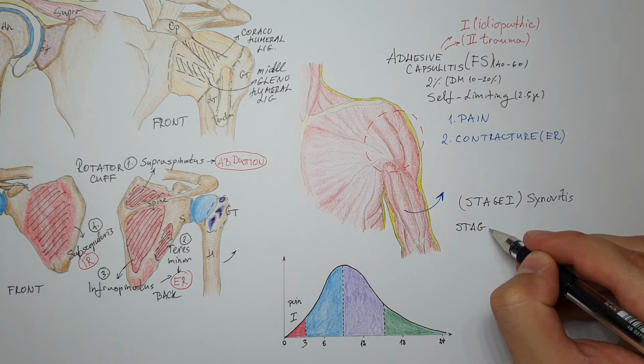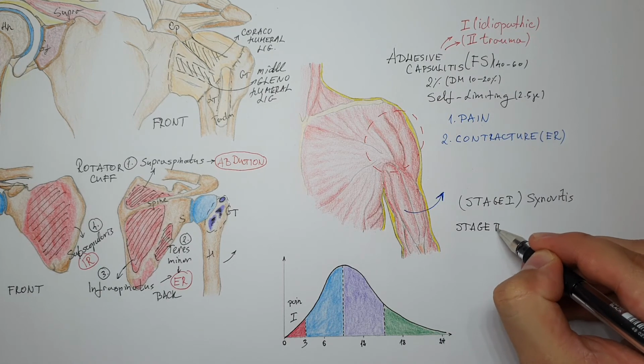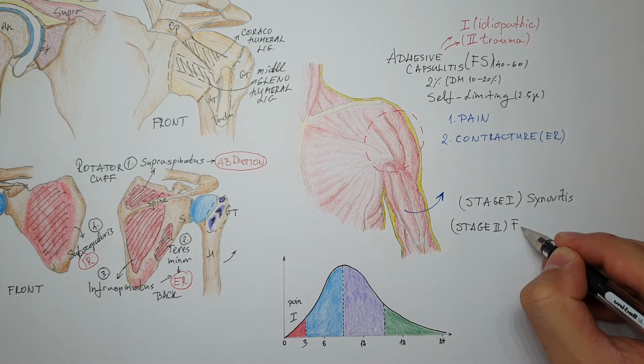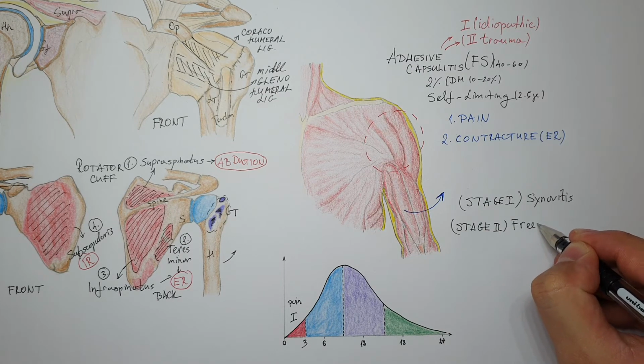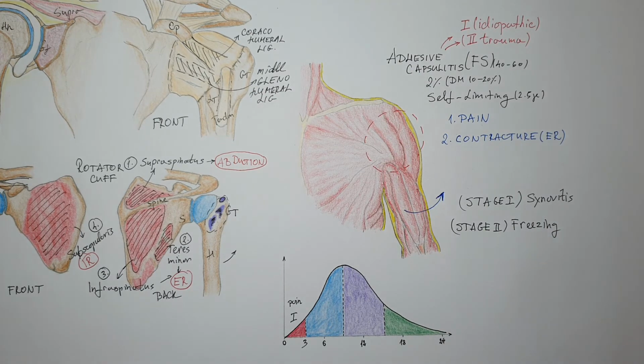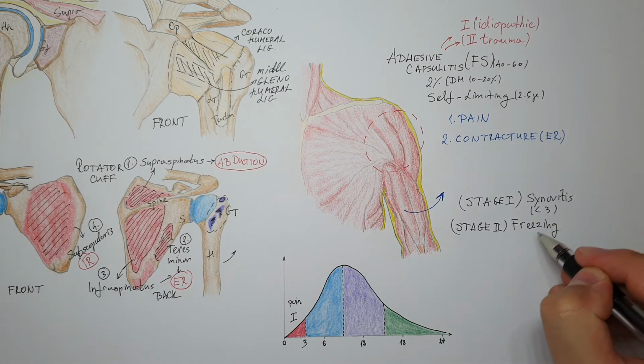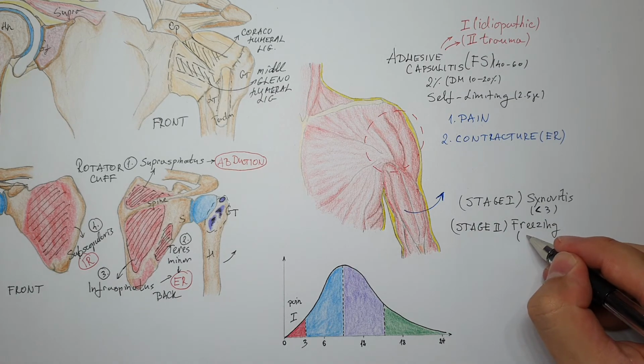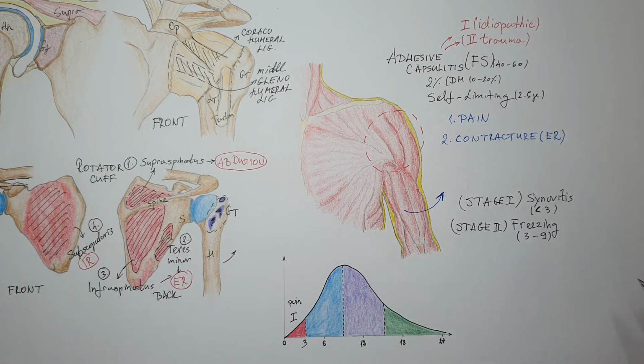Then we have stage 2. Stage 2 is the so-called freezing stage. This stage lasts somewhere between 3 to 9 months.